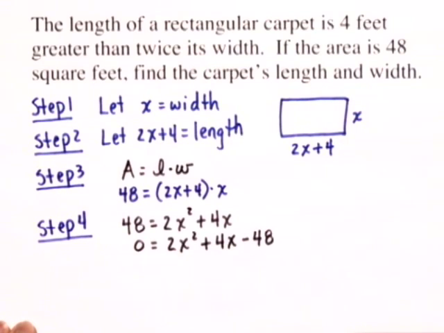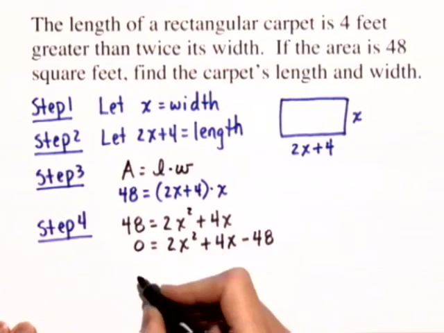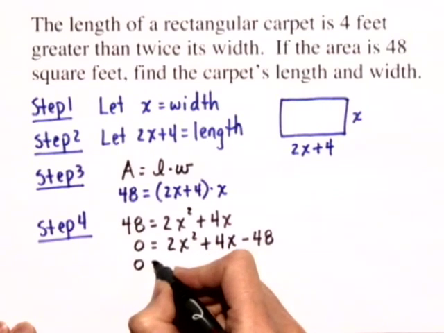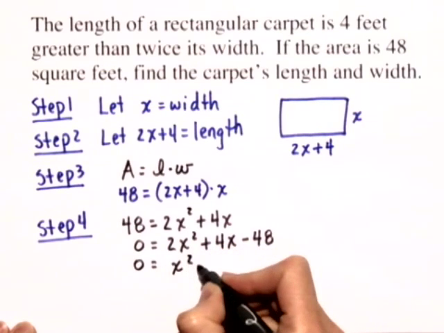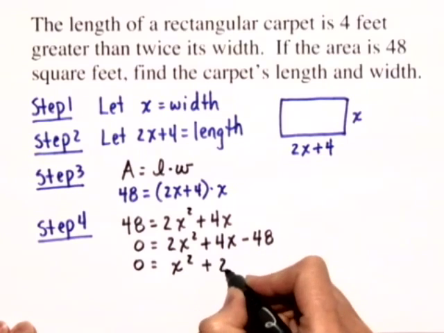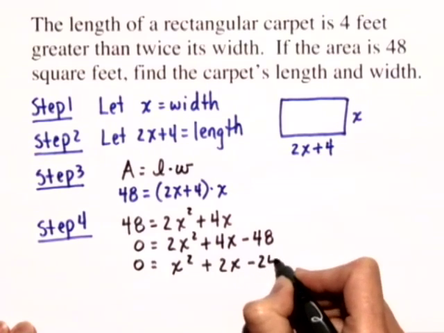Now, we can factor this equation as it is, or we can notice that each term on the right-hand side is even, so that means each term is divisible by 2, and we'll have some smaller numbers that we need to factor. So let's divide every term on both sides of the equation by 2, and we'll get 0 equals x squared plus 2x minus 24.